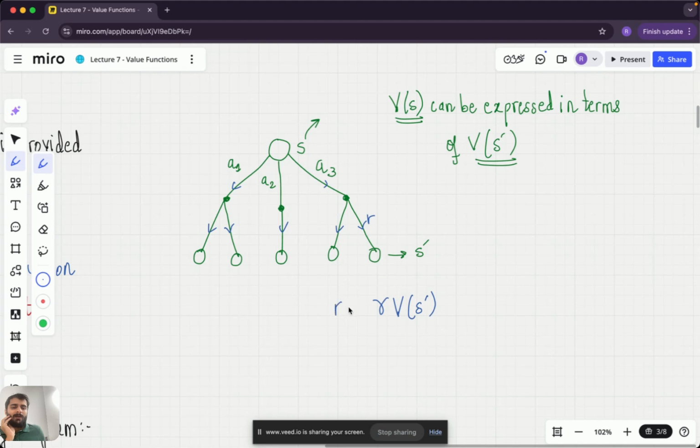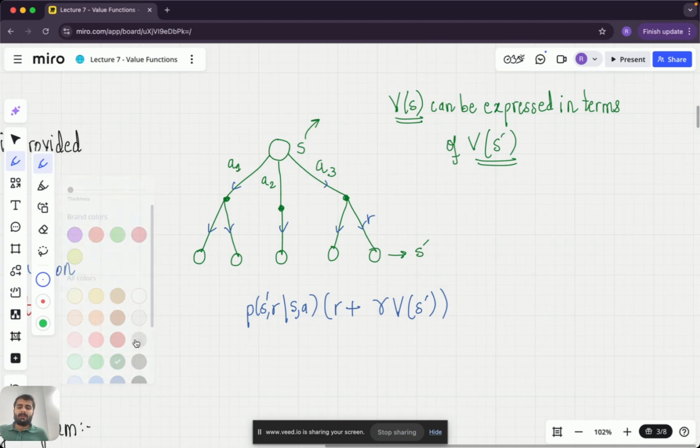So you add a reward along the way and you discount the value function of the next state, and then you also have to multiply it by the probability that the agent can go into that state. So for example, here we have to write probability of s dash comma r given s comma a. Remember, this is the transition probability which we discussed in the last lecture. So this is the transition probability.